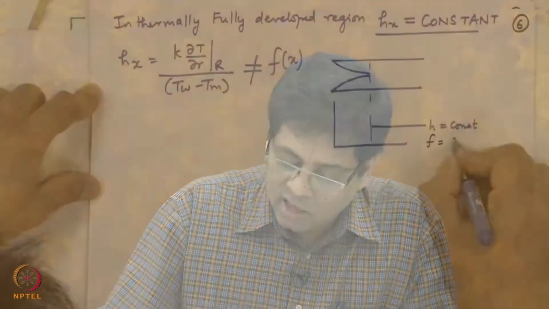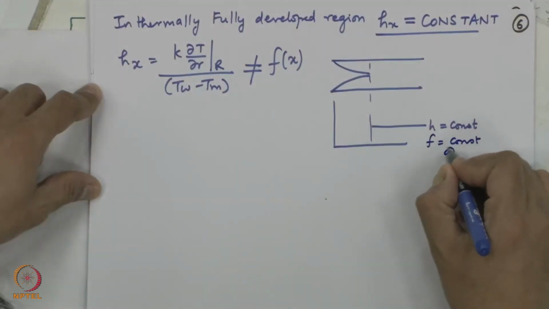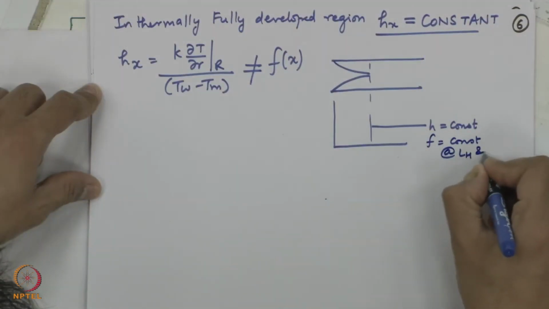Variation of temperature with respect to y or r is directly related to the heat transfer coefficient. The behavior of the heat transfer coefficient is exactly like how the friction factor behaves. So if I were to use the same logic, let us write that friction factor is equal to constant after L_H and beyond.